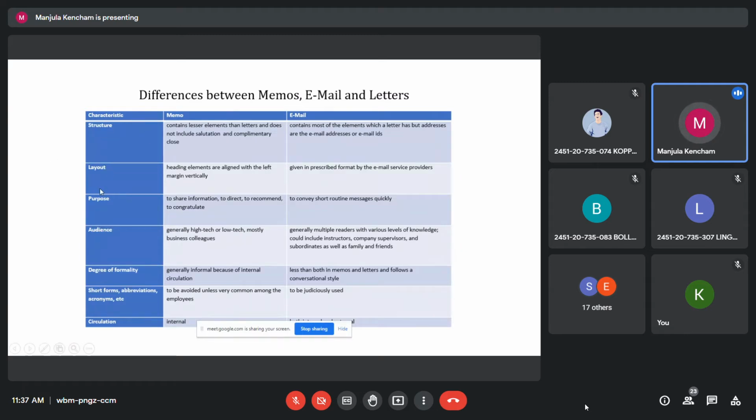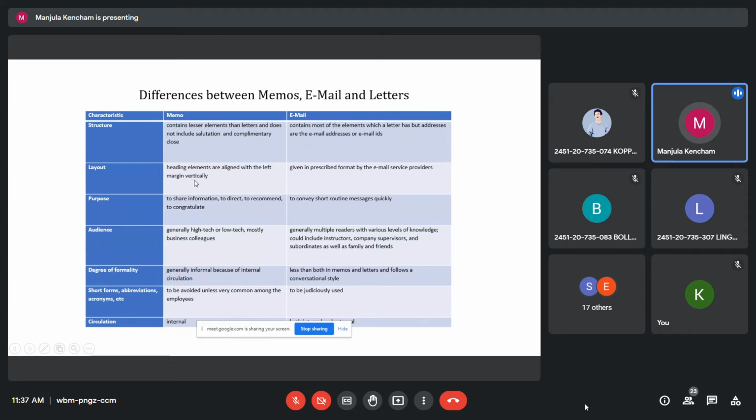Structure, layout, purpose, audience, degree of formality, short forms, abbreviations, etc., circulation. These are the 7 different fields based on which I distinguish writing a memo and an email, right? So, memos have fewer elements when compared with emails.